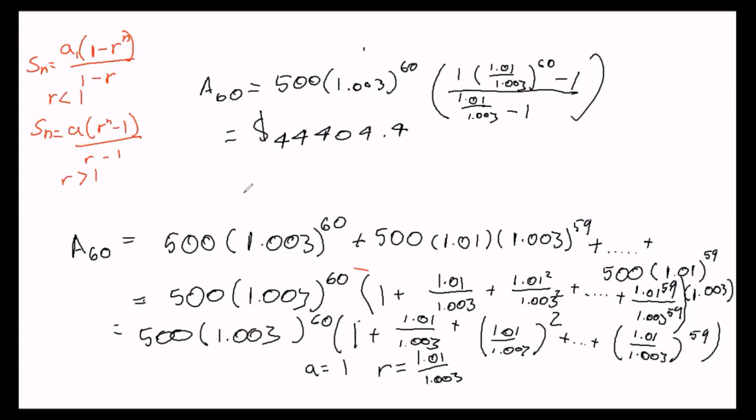That being said, your deposits at the end are going to be very large, because you'll be depositing 500 times 1.01 to the power of 60. It is about $980. So it's definitely larger than your initial deposit.